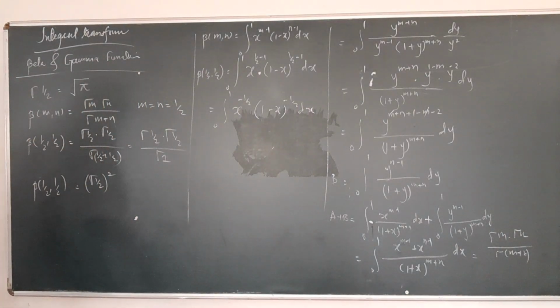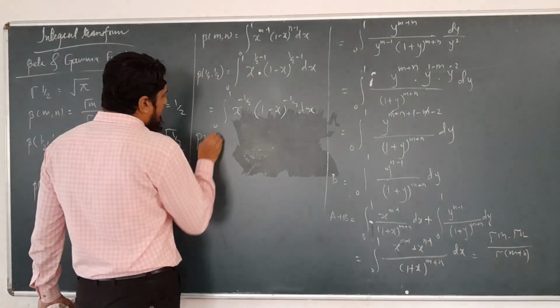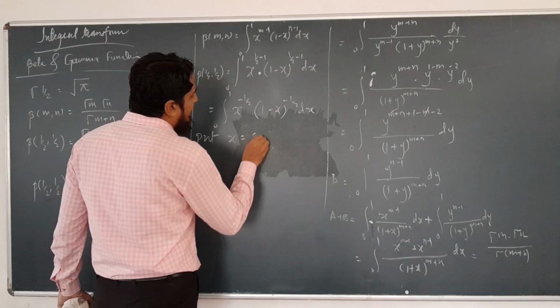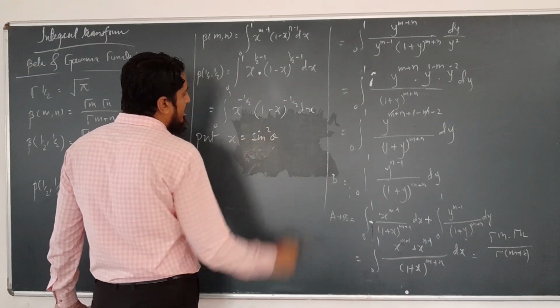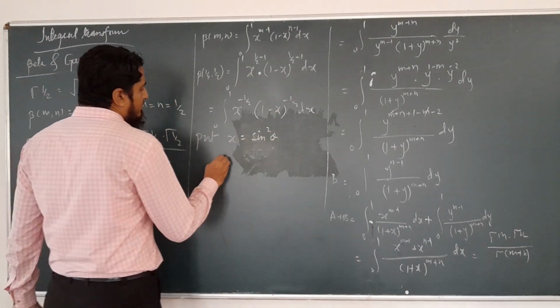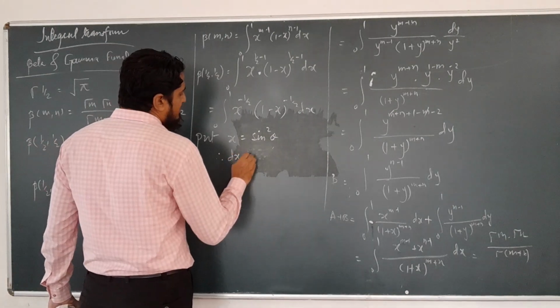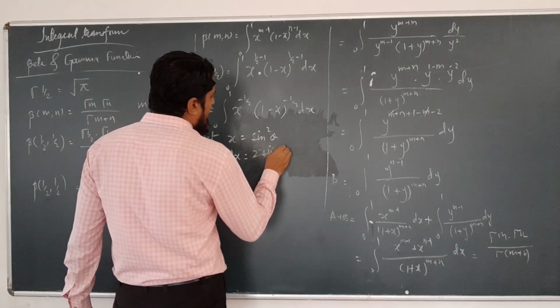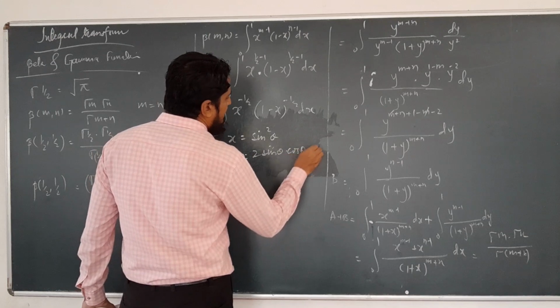Correct? Now put x is equal to sine square theta. Therefore, we will get dx is equal to 2 sine theta cos theta d theta.